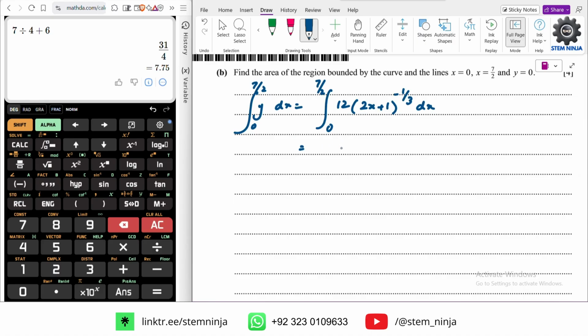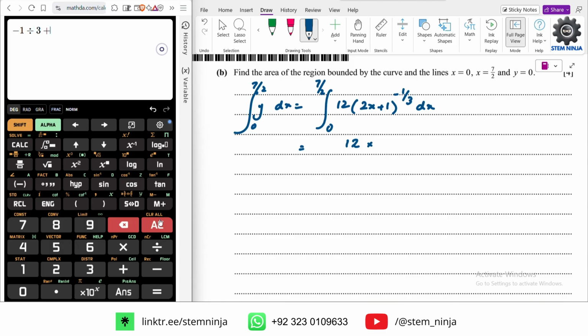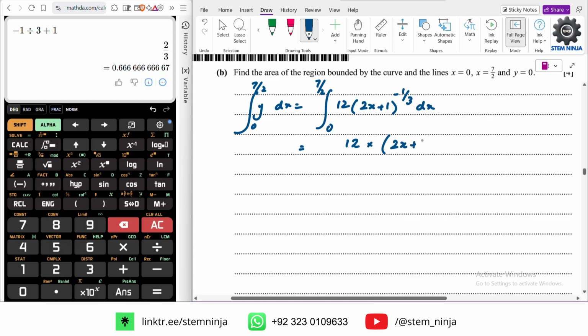So this time we will use the reverse chain rule. So 12 times, first we will do the plus 1 on the power, so this will become minus 1 over 3 plus 1, which is 2 over 3, divided by 2 over 3.